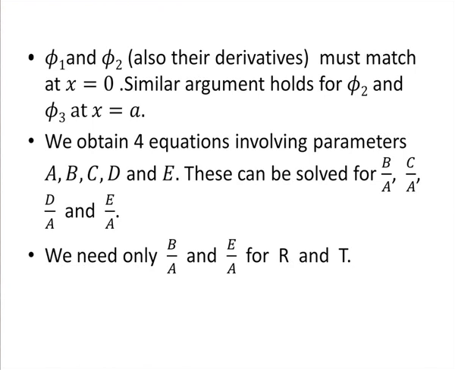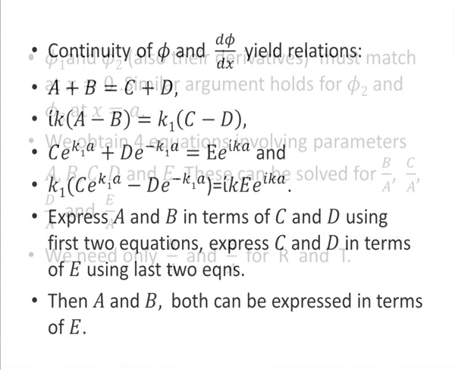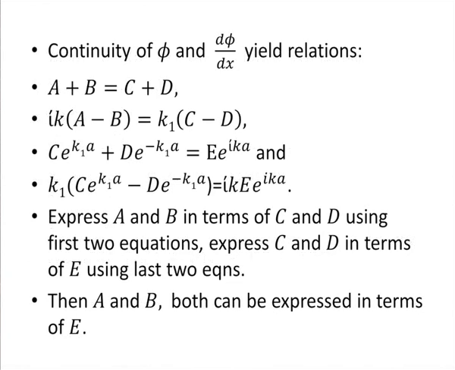So, we obtain 4 equations involving parameters A, B, C, D and E, and these can be solved for B by A, C by A, D by A and E by A, but we need only B by A and E by A for R and T. Now, continuity of phi and d phi by dx yields these relations as you see on the slide, which involve A, B, C and D. Now, express A and B in terms of C and D using the first two equations and express C and D in terms of E using the last two equations, and then A and B both can be expressed in terms of E.